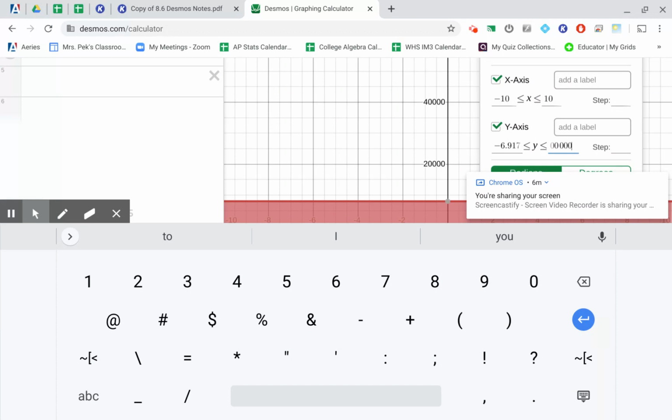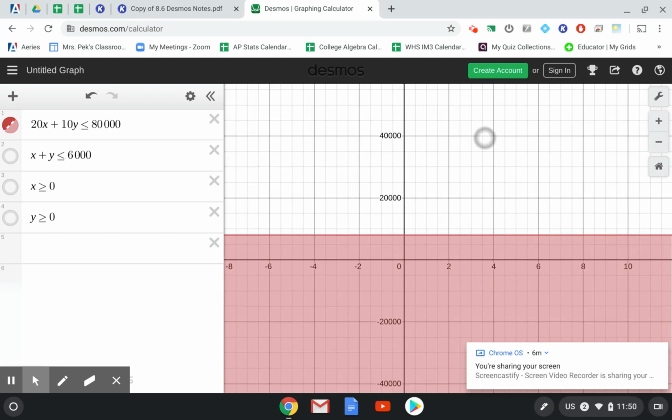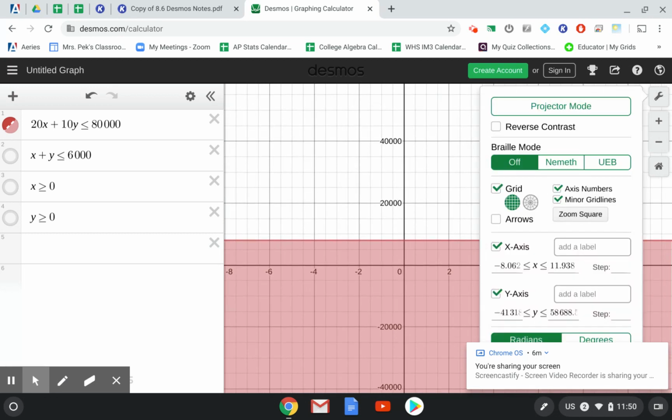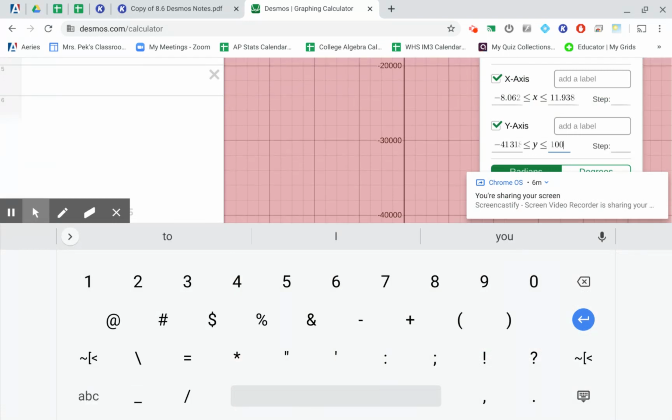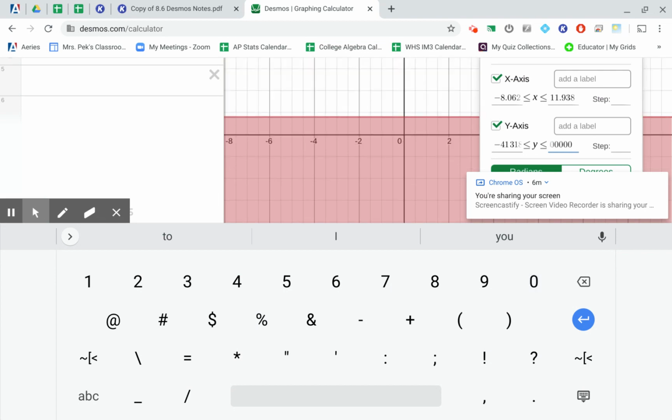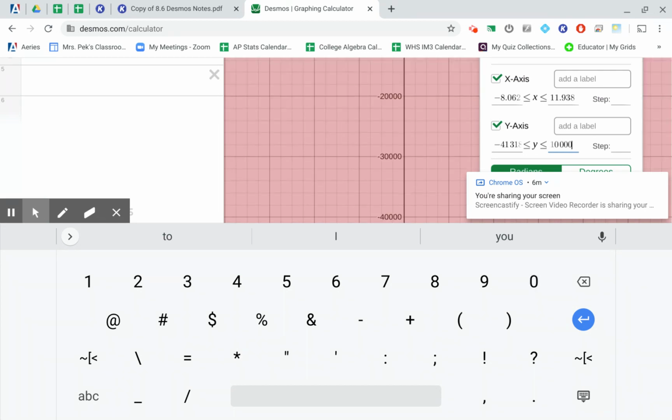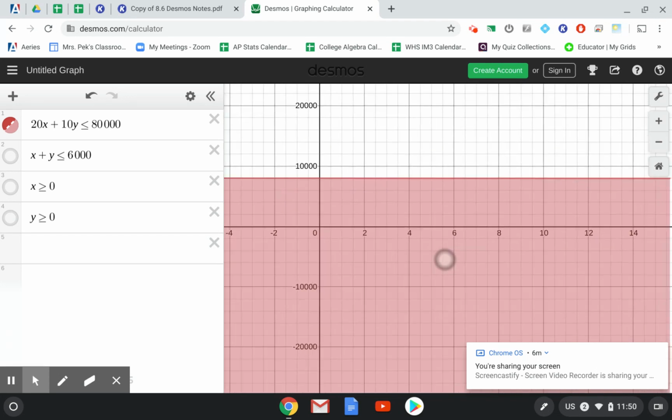And then same thing with, oh, you know what? That's a little too big. I think I'm going to make this a little smaller. So go back to my y-axis. I'm going to try this again. Maybe 1, 0, 0, 0, 0. Yeah, just that many zeros. Okay, because I can move that up.